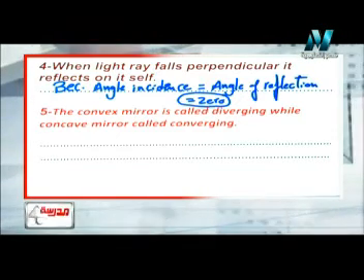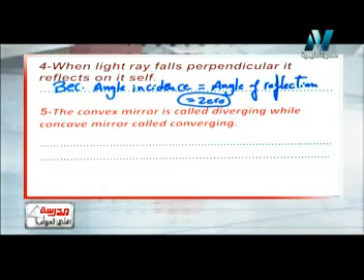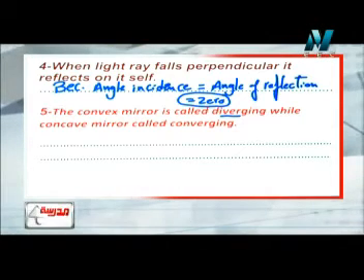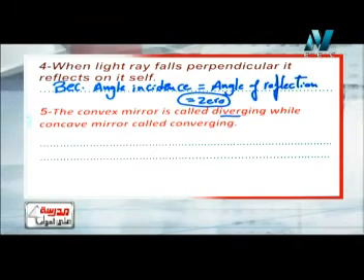The fifth question says the convex mirror is called a diverging mirror while the concave mirror is called a converging mirror, and we know the answer of this question. Why?